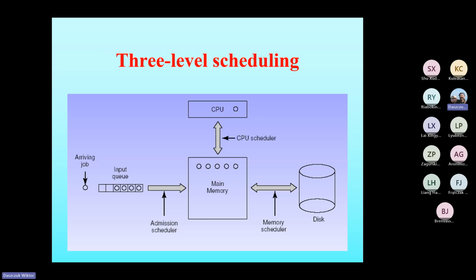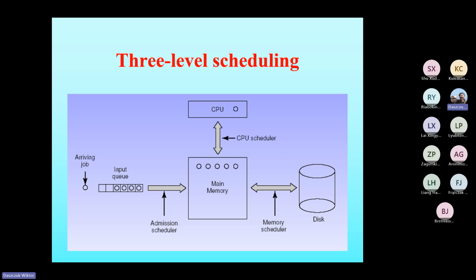I told you that it is important on which level of abstraction we understand this scheduling. Again, this is the picture from Tanenbaum. This time it is very good because it describes what kinds of scheduling are on different levels of abstraction.